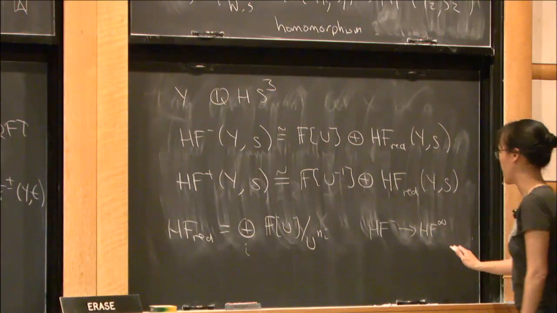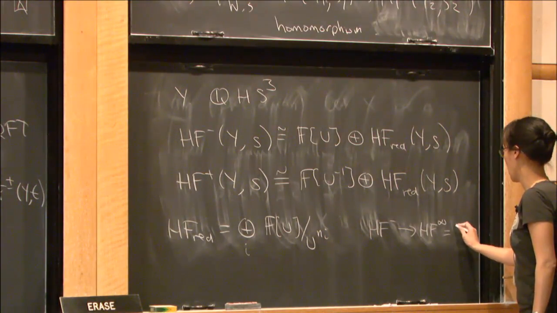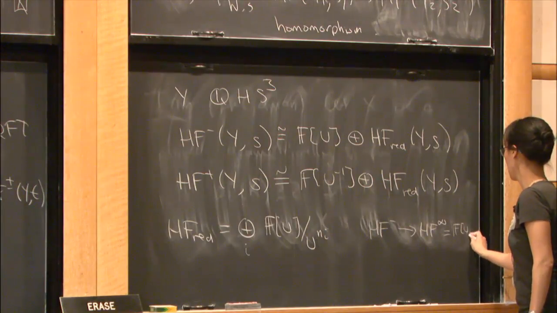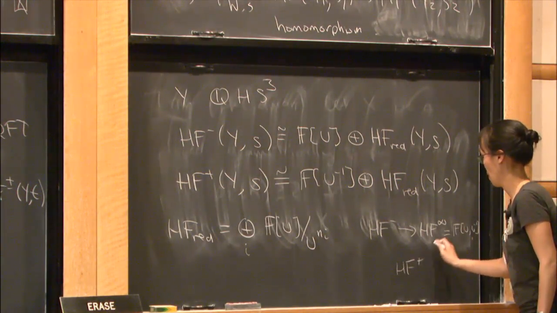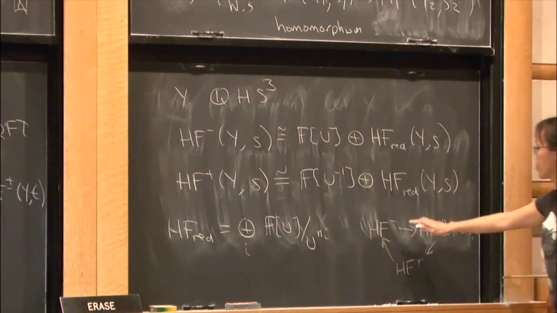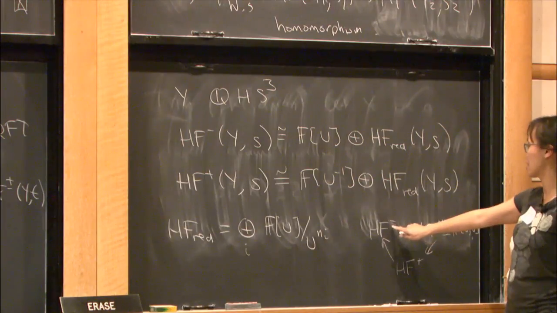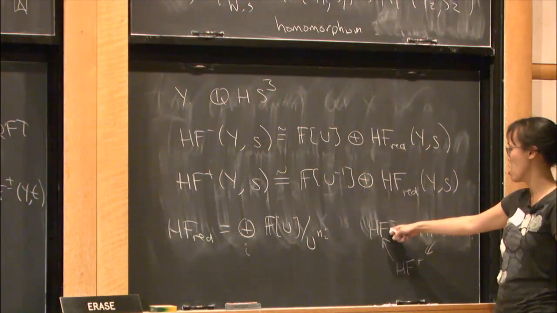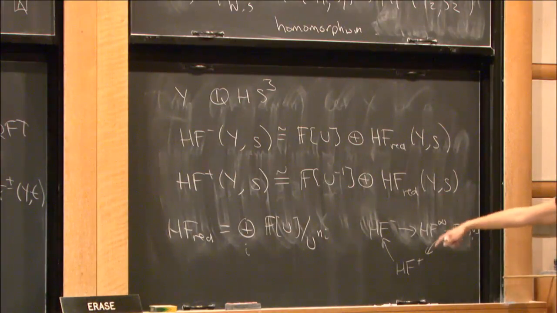And HF infinity, for any rational homology three-sphere, just looks like F[U, U^{-1}]. And this exact triangle is U-equivariant. So in particular, anything that's U-torsion gets mapped to 0, because you can't map it into here. From that you can conclude this.